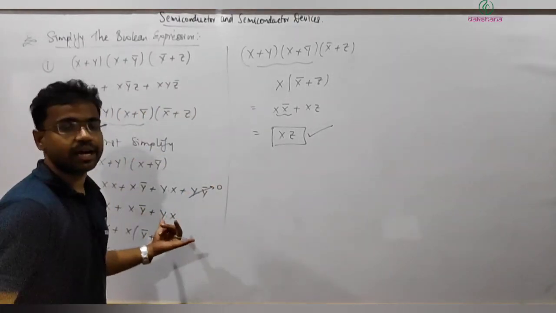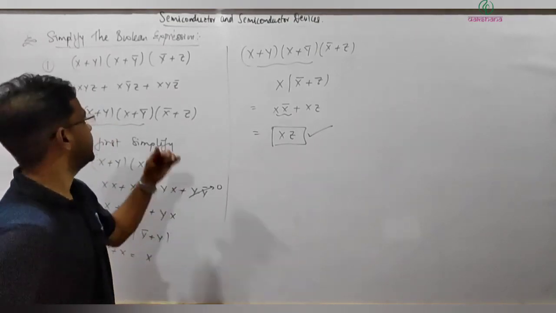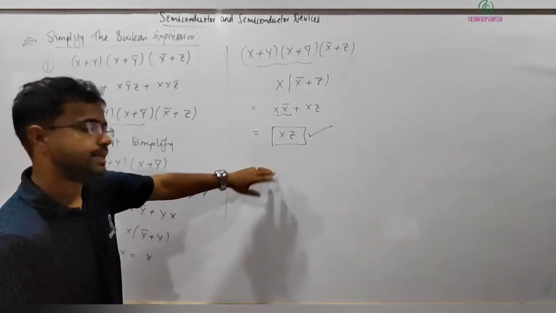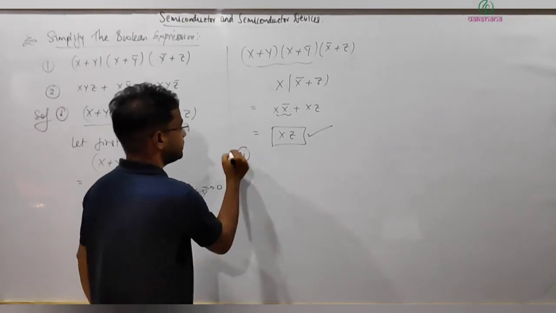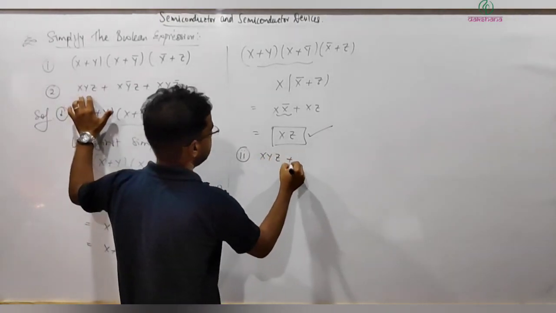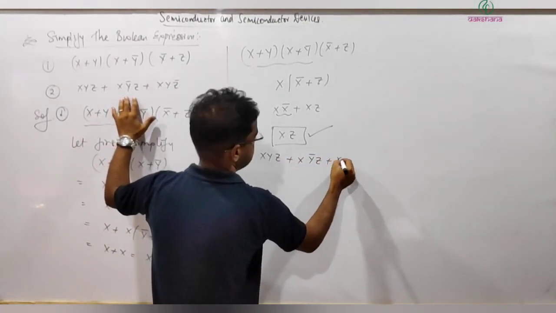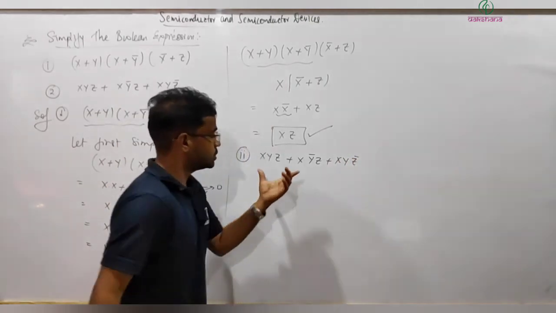I hope you understand how, with the help of theorems and laws of Boolean algebra, we are able to simplify this very easily. Similarly, let's see the next one. So this is xyz + xy'z + xyz'.